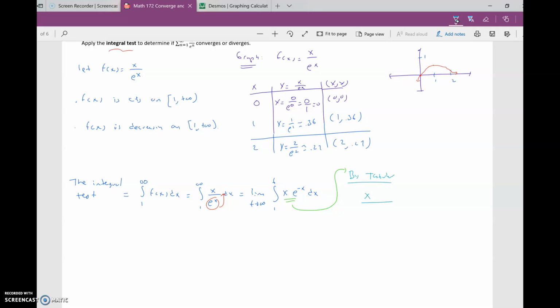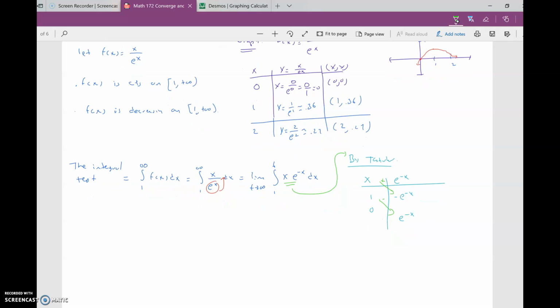So we're going to have x and then e to the negative x. So this will be 1, 0. So this will be negative e to the negative x and then e to the negative x, and then we're pairing these up with the plus minus. So this actual integral is giving us, and let me move this up to here, we still have the limit as t approaches infinity of, well, actually no more integral.